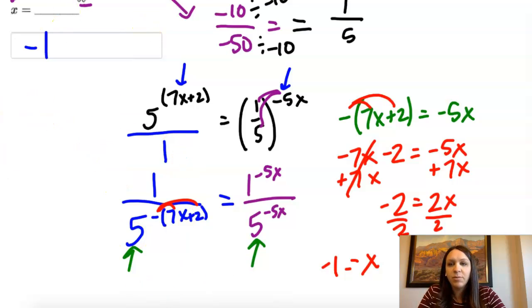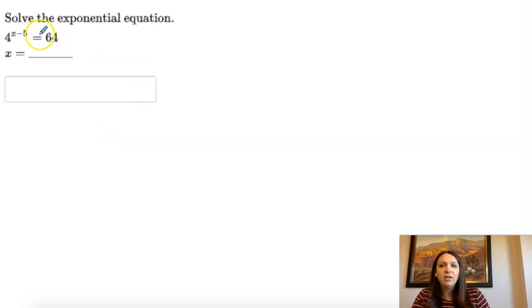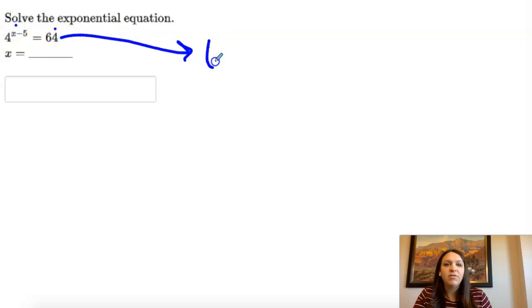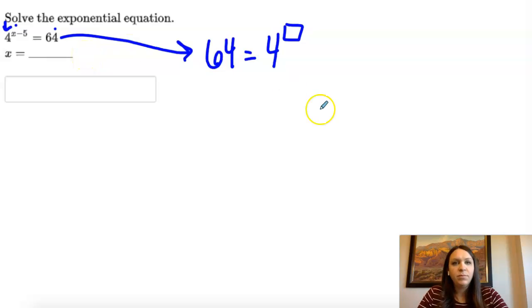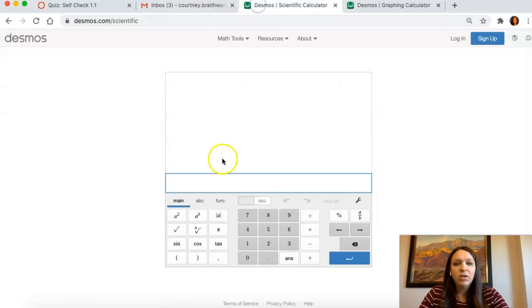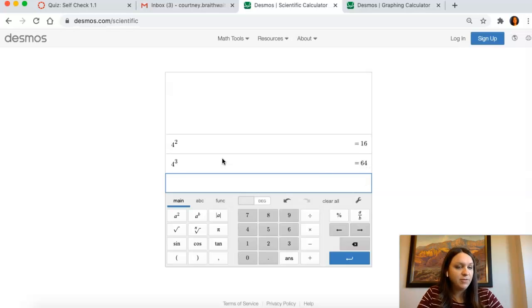Alright, so one more. Again, our bases aren't the same here, so I want to rewrite 64 using base 4 because that's what's right here. So 4 to what is this equal 64? If you don't know, just start typing in values. 4 to the third.